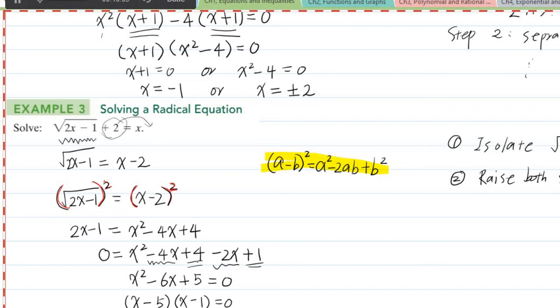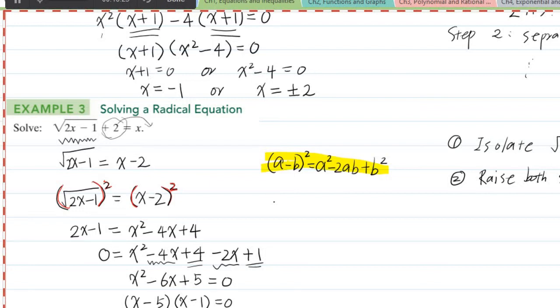So you think this is going to be done, right? The problem is, this is very, very important. Anytime you're solving a radical equation, let me write it down.